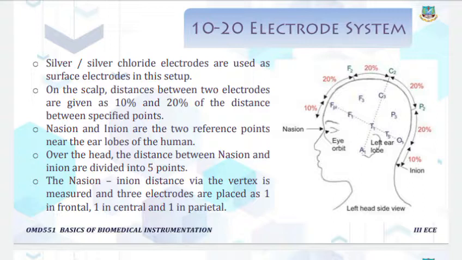On the scale, the distance between two electrodes is given as 10% and 20% of the distance between specified points. So from some particular point, the distance is 10% or 20%.